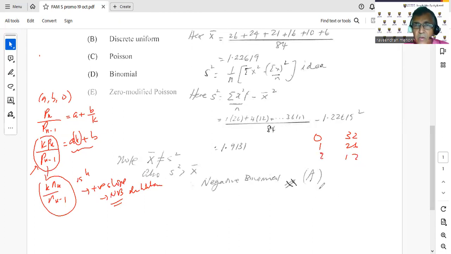So you're going to get values like 26 over 32, and then values like 2 times 12 over 26. You set up a set of values like this in the form of a table. You will see we are dealing with a positive slope case. Therefore, you know you're dealing with a negative binomial distribution. But I chose to do it using just variances and means, and we are done.